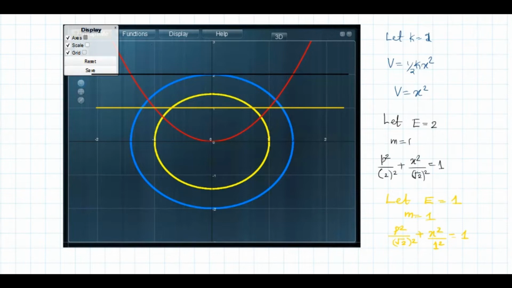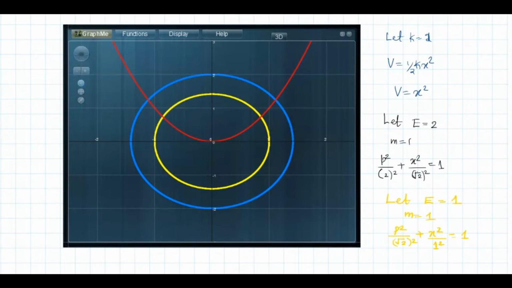So I think the idea is clear. This is the phase space. The potential energy curve is shown in this red color, and the phase space diagrams for two energies. For E equal to 2, this is the blue curve. For E equal to 1, that is this yellow curve. Okay, this is the phase space diagram of harmonic oscillator.